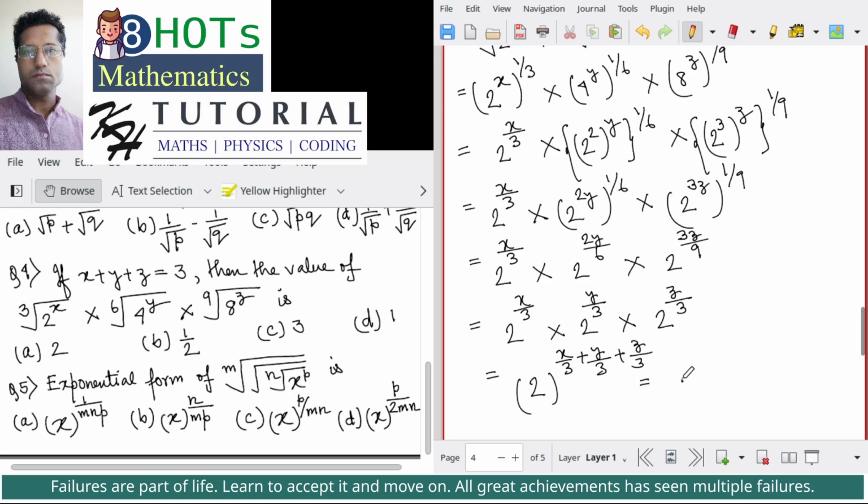This is equal to 2 to the power x plus y plus z divided by 3. Now x plus y plus z is given to be equal to 3. So this becomes 2 to the power 3 by 3, which is equal to 2. So the correct choice is A. A is the correct choice.